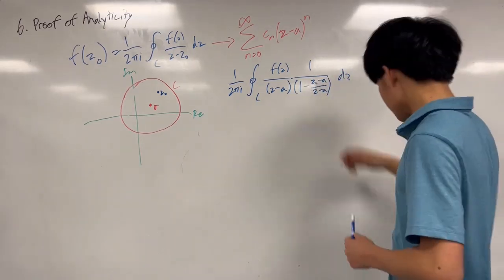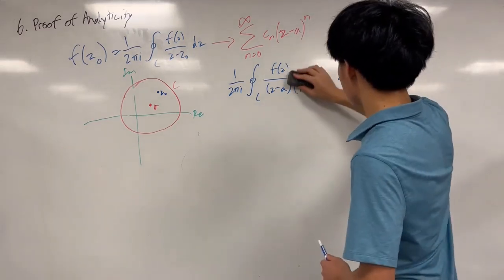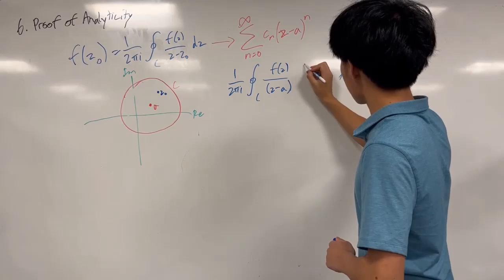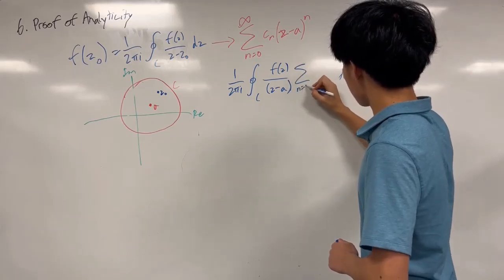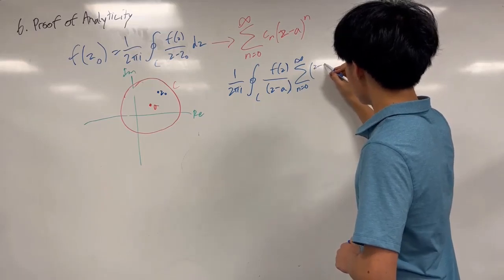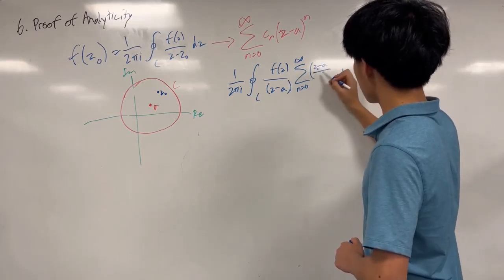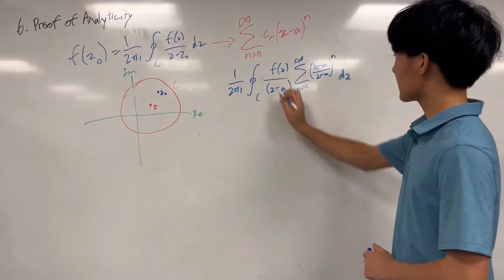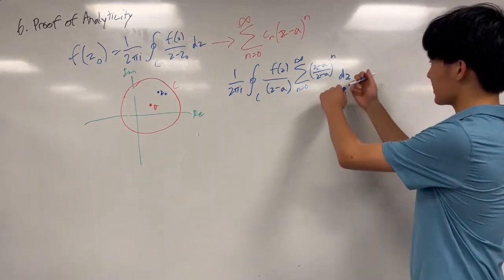So we can rewrite this as the sum from 0 to infinity of ((z sub 0 minus a) over (z minus a))^n. And because this is a constant, we can move that inside as well.